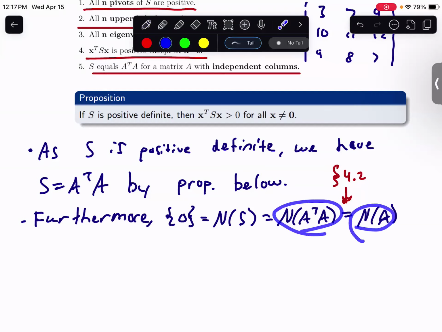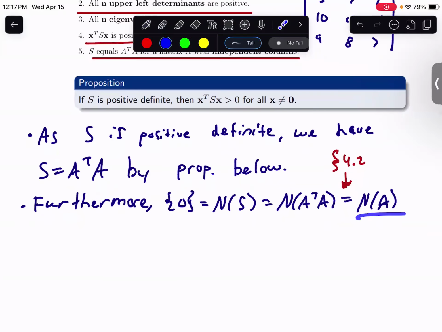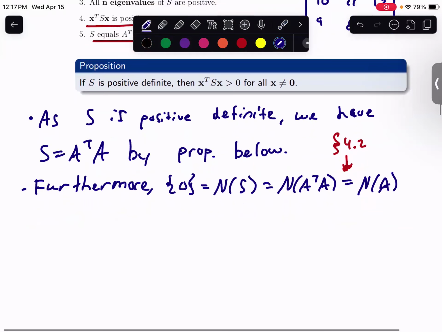So these null spaces are equal to one another, which also means their row spaces are equal. It's something we'll make use of probably sometime next week. And so this is saying that the null space of A is trivial, right? There's not a vector X you can multiply A by to make it 0 aside from the 0 vector, which we're going to make use of very soon.